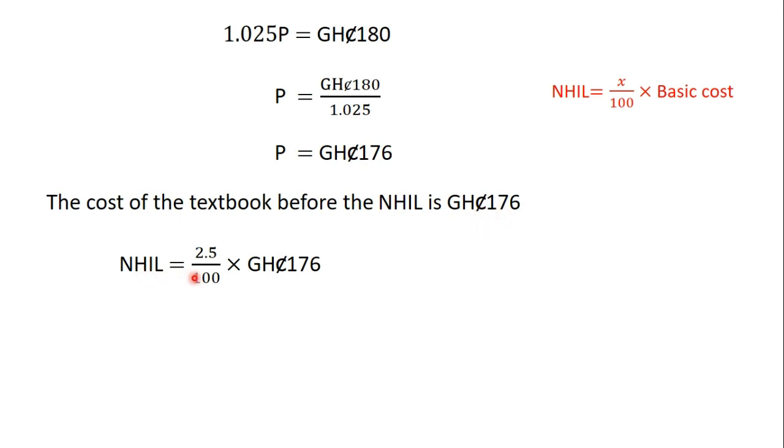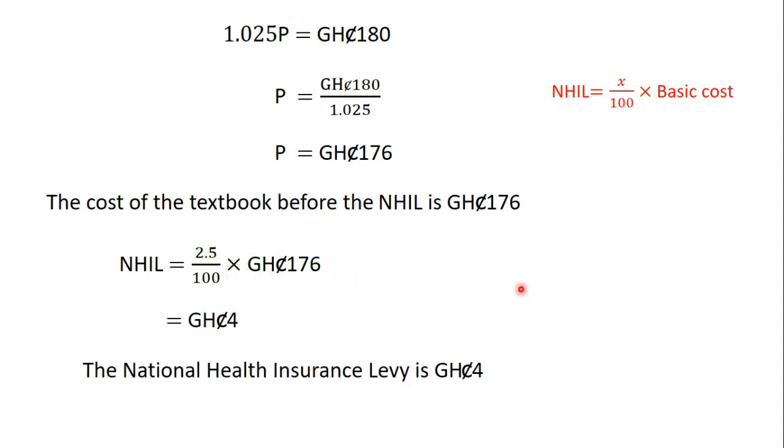So NHIL is equal to the NHIL rate, which is 2.5 divided by 100 times the cost of the book before NHIL, which is 176 Ghana cedis. You multiply these two and you're going to have 4 Ghana cedis. So we can say that the National Health Insurance Levy is 4 Ghana cedis.